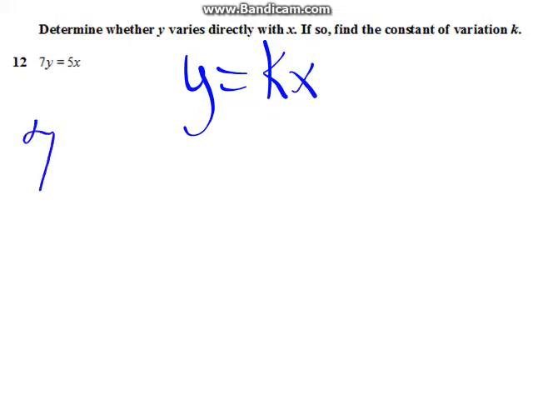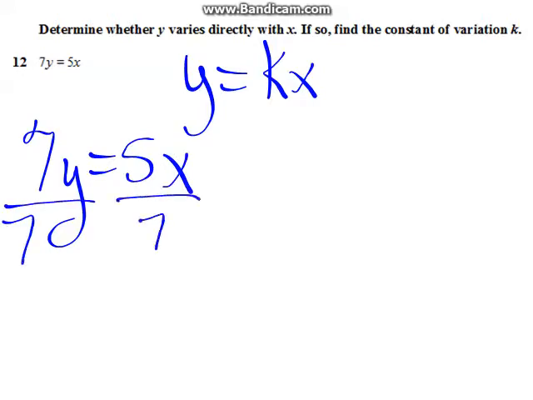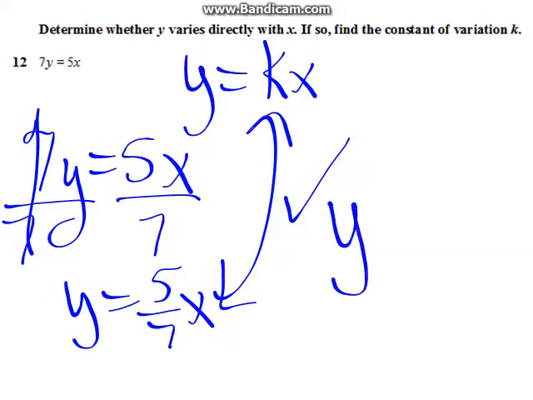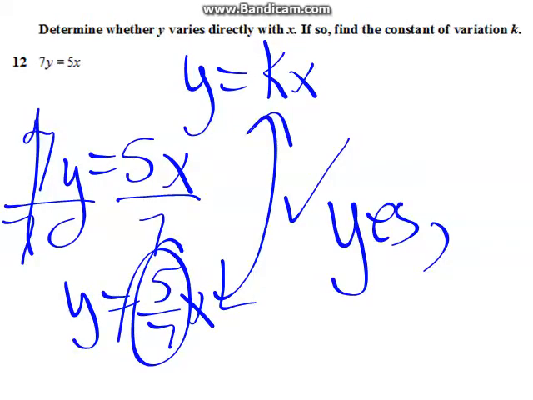So let's see what we can do. 7y equals 5x. Well, we want to get it to look like that. So let's divide each side by 7. And we end up with y equals 5/7 x. So that does match. So it is a direct variation. And our constant of variation is this k value, 5/7.